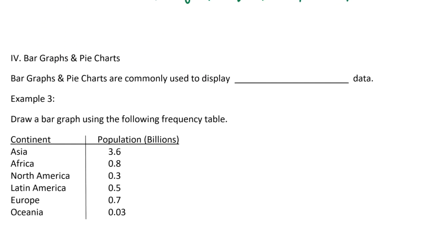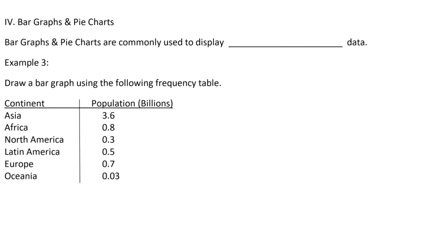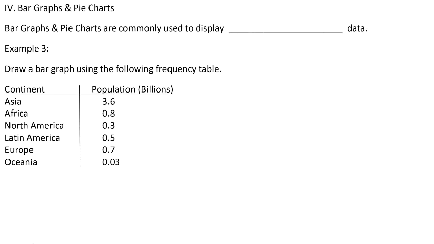So with that information, let's start actually looking at some graphs. First off, we're going to look at bar graphs and pie charts. Both of these are used to display qualitative data. So things with categories are best represented as a bar graph and pie chart.